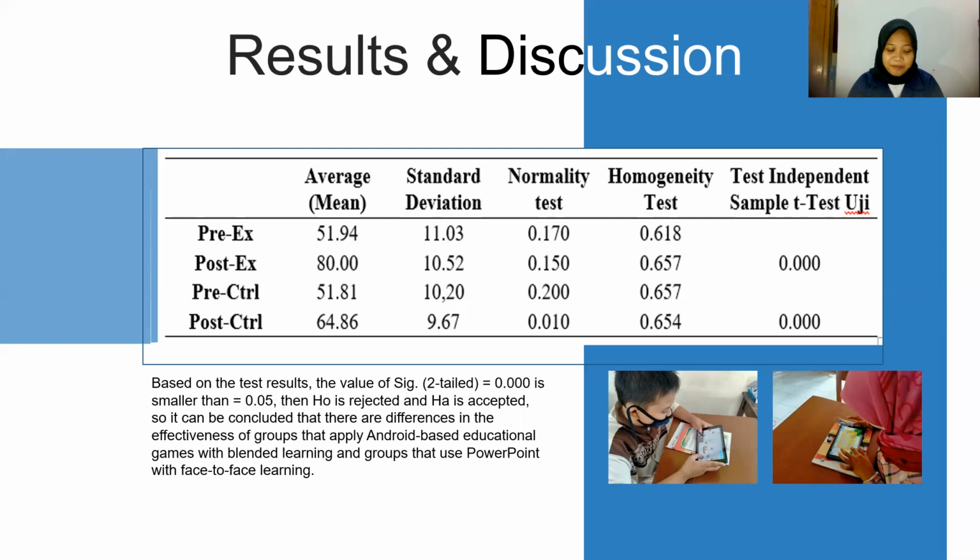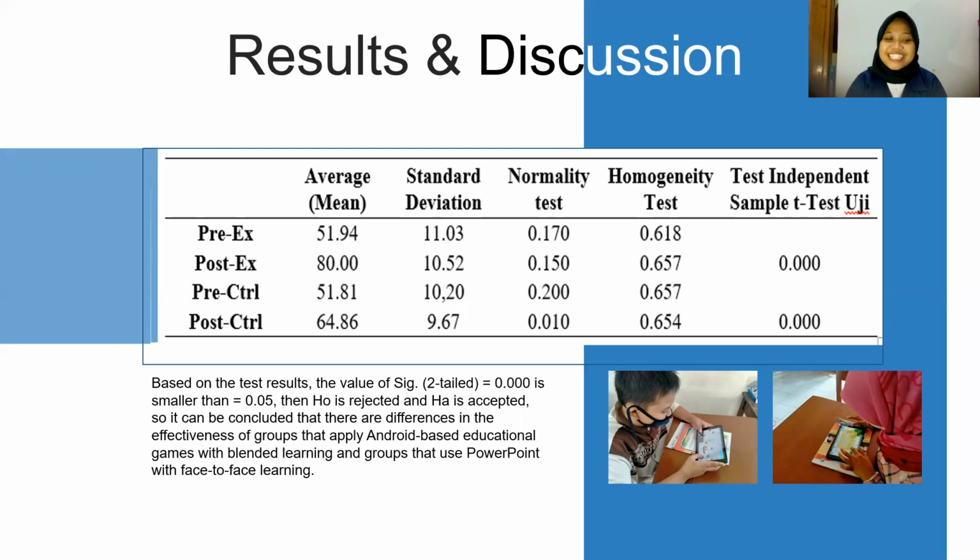The independent sample t-test was carried out with the assumption that the data came from a normally distributed population. Based on the test result, the value of significance is 0.000, which is smaller than 0.05.